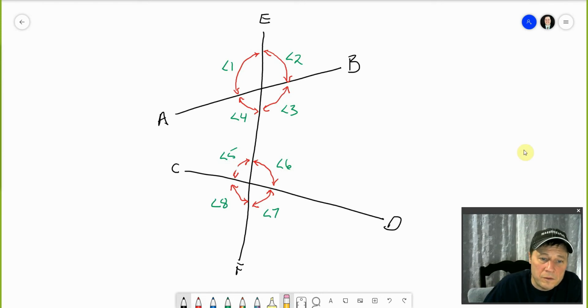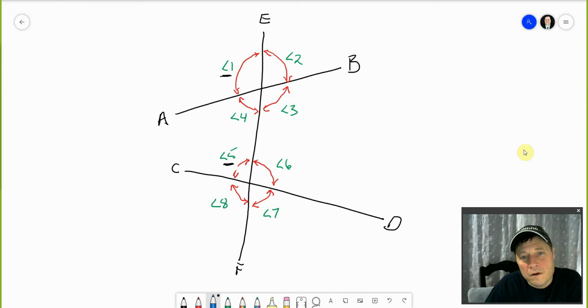If you look at angle 1 and angle 5, does that fit our definition? Pairs of angles, one is an interior, one is an exterior, and both are on the same side of the transversal. So we just have to make sure we understand what an interior and exterior angle is.